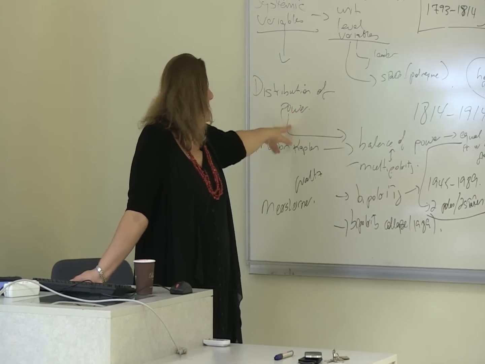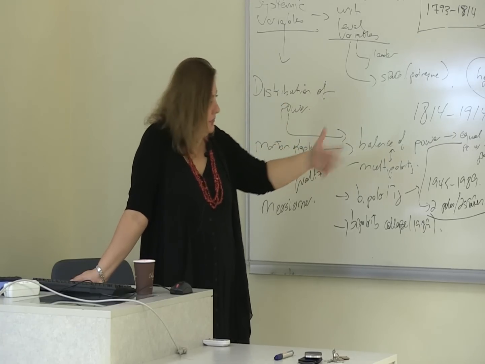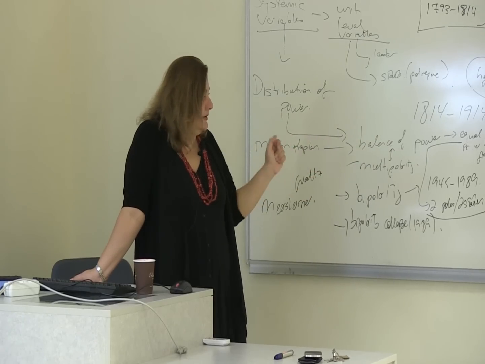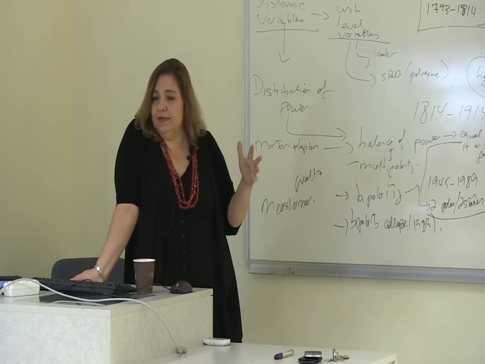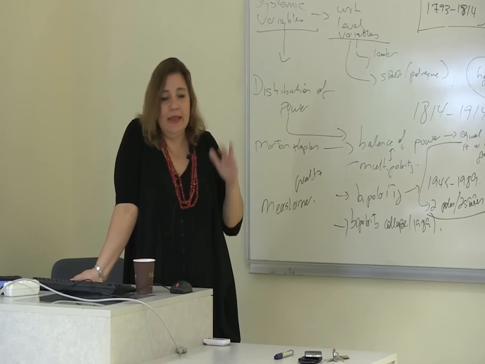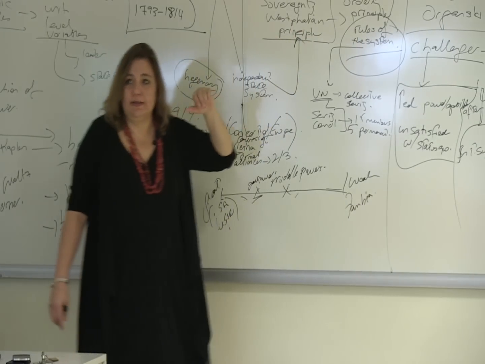What does bipolarity do between the US and USSR during these years? It tells all the players what the possible consequences of their actions might be if they violate one of the rules in the system.